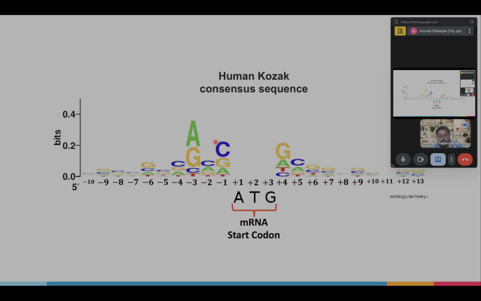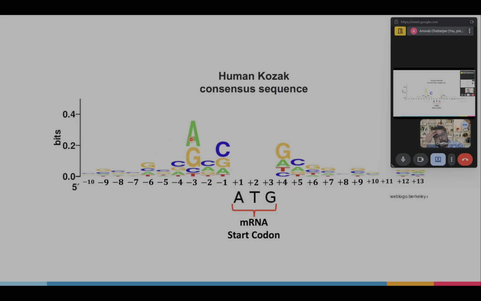So it is not just the start codon; there is a consensus sequence that was later discovered around the start codon, which is necessary to recognize the starting site for translation. So it obviously contains the start codon, but it also has particular consensus sequences present on both sides.